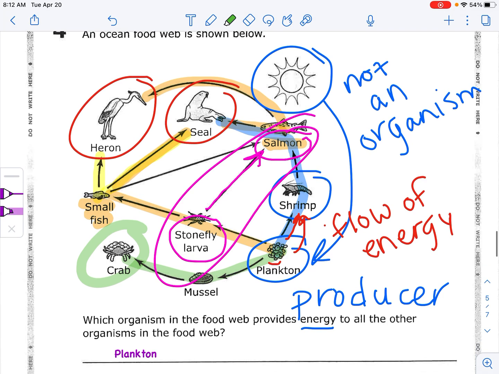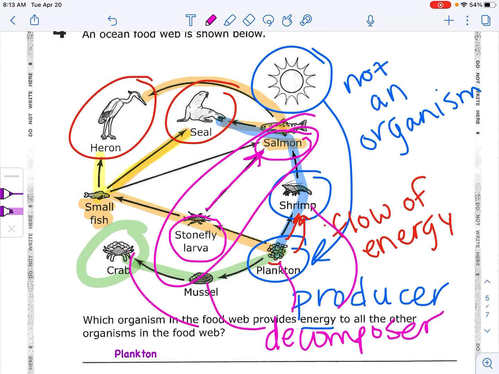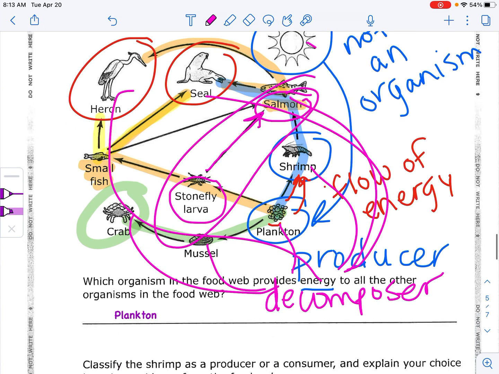So what is missing from this would be some type of decomposer. All right, so we would have a decomposer who would break down the remains of all of these organisms and return the nutrients to the soil.